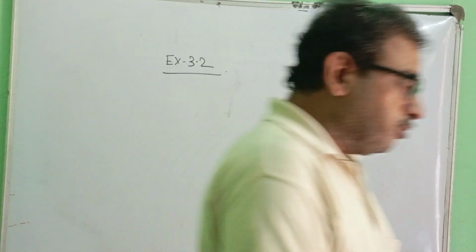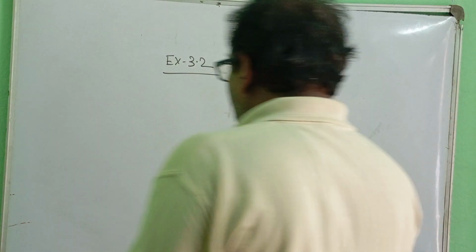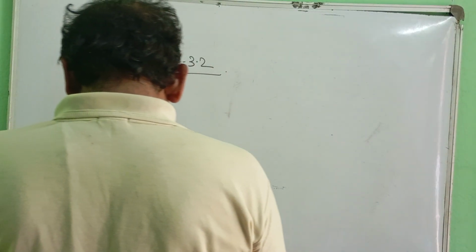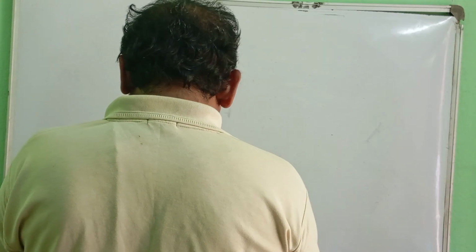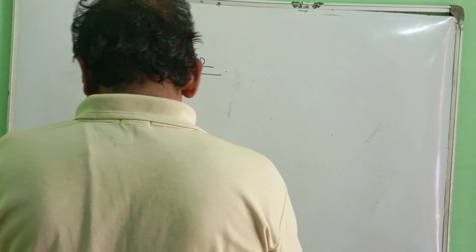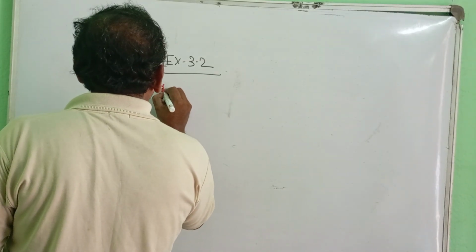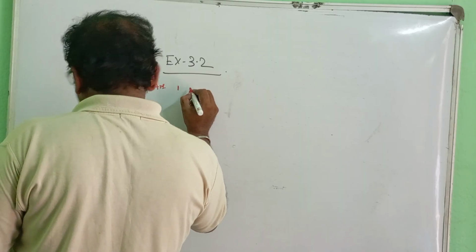Now in 3.2, if we go through the first question, what they have written is: what is the name of the horizontal and vertical lines that determine the position of any point in the Cartesian plane? The answer is number 1.